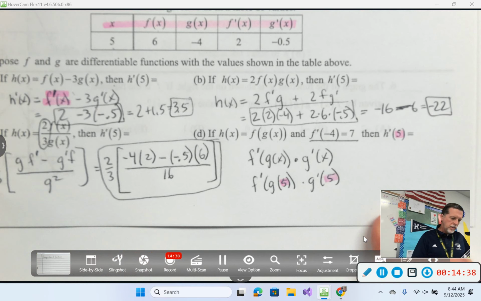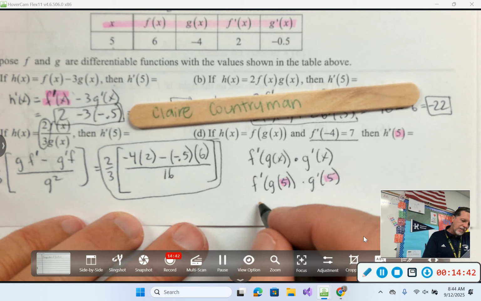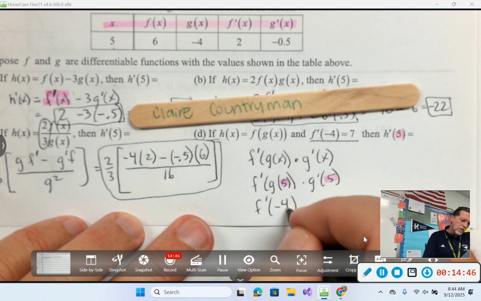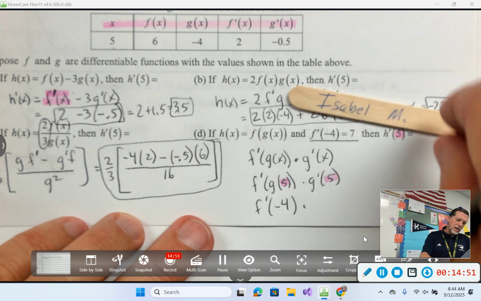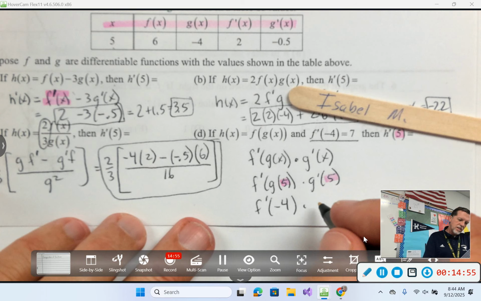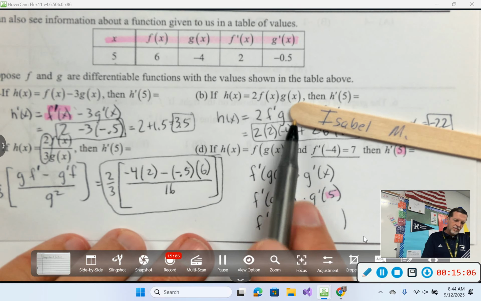All right, well, work from the outside in. Claire, what's g of 5? Negative 4. Isabel, what's g prime at 5? Oh, sorry. Negative 0.5.